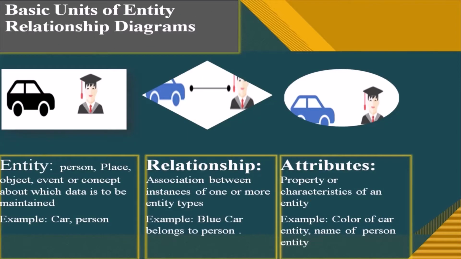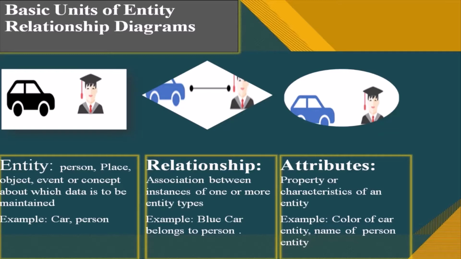The basic units of entity relationship diagrams are shown in this figure. Entity, the person, place, object, event, or concept about which data is to be maintained, is represented here as a rectangle.